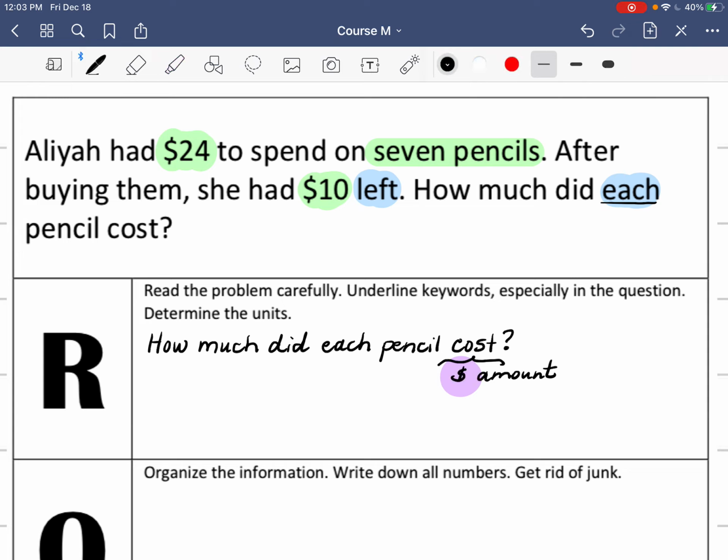Let's organize. To organize, you write down all the numbers. So we have $24. That's what she started with. We have 7, and that goes with pencils. We have $10 that she had left.